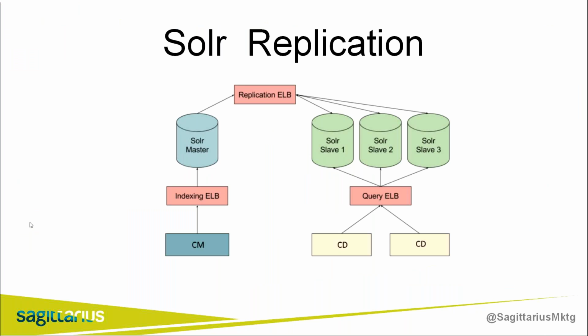One of the benefits that I showed on previous slides is that it is possible to scale up SOLR. One possible way of scaling up is SOLR replication. Here is an example of how it could be done.